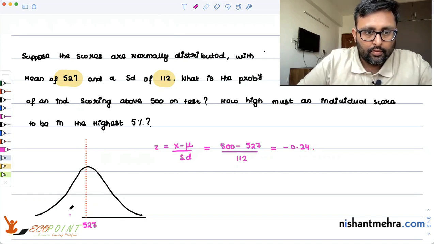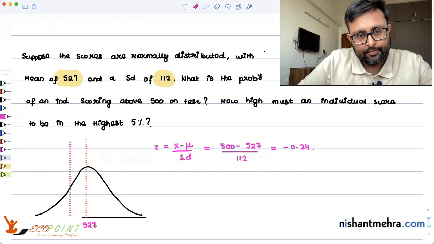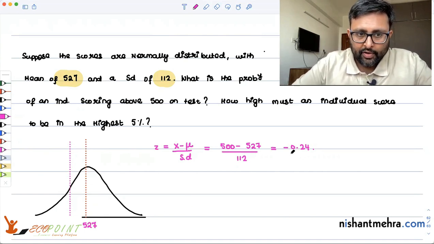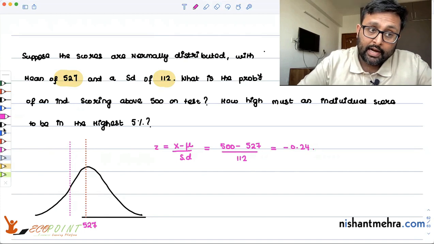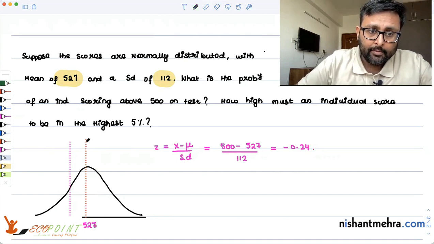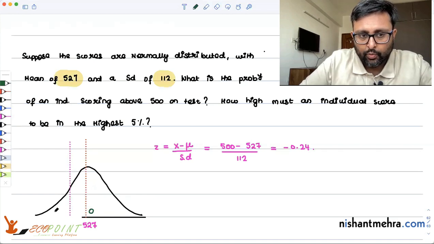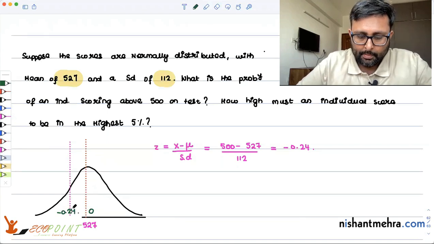So 500 is lying here somewhere. So I need to find out now, in case of the standard normal variate, how will it look like? This is going to be 0. And the Z score of 500 is what? Minus 0.24.